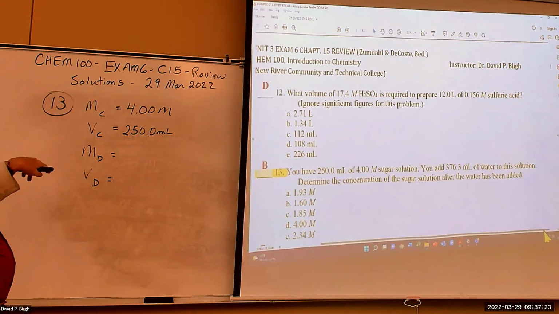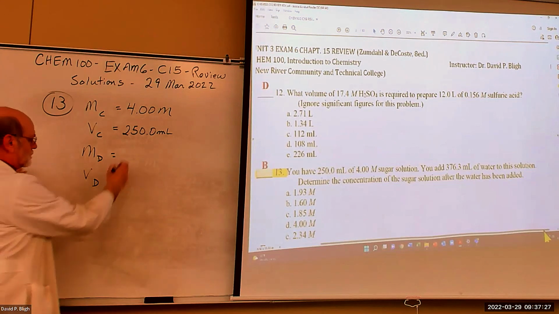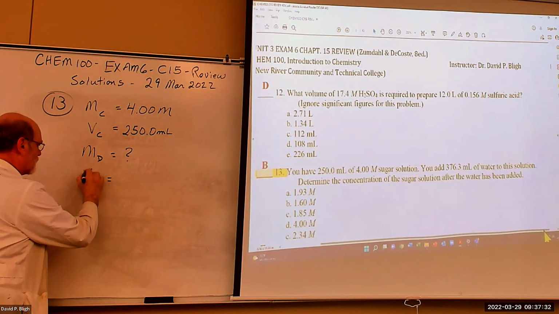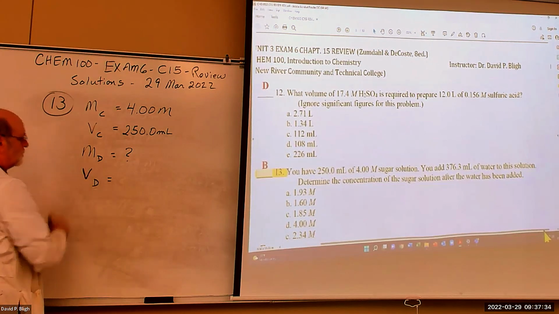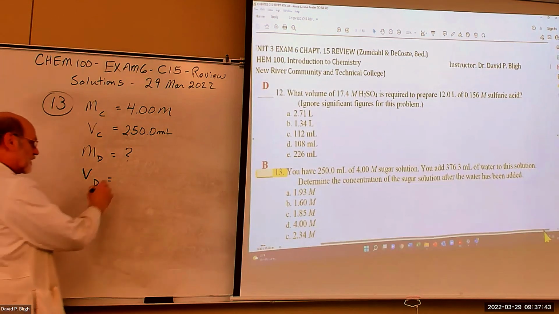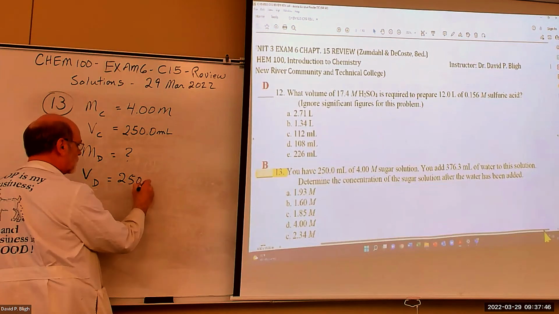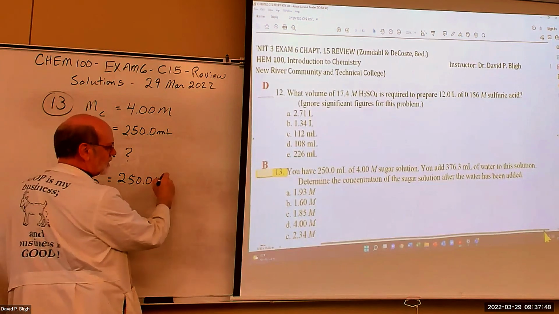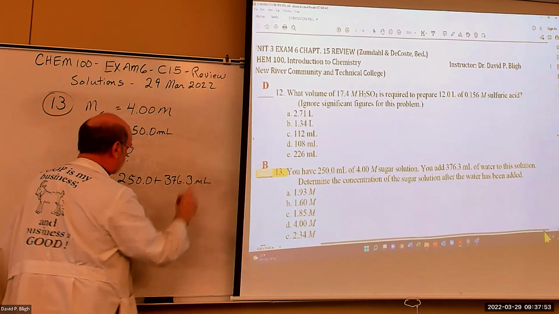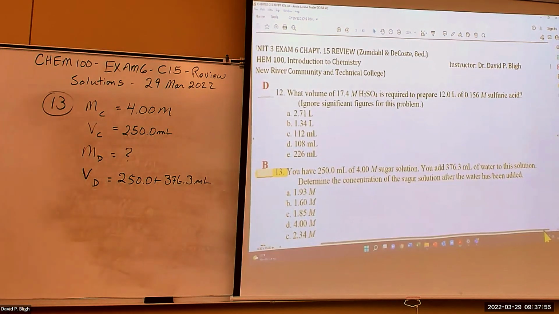Right? The question is, what's the concentration of the dilute? Now, what's the volume of the dilute? It says we're going to add 376.3 milliliters, but you've already got 250 milliliters in there. So the dilute volume is 250 plus 376.3. That's the trick to this problem.